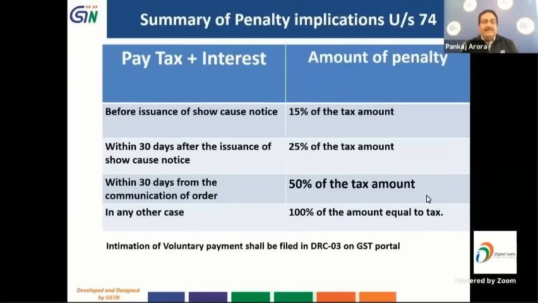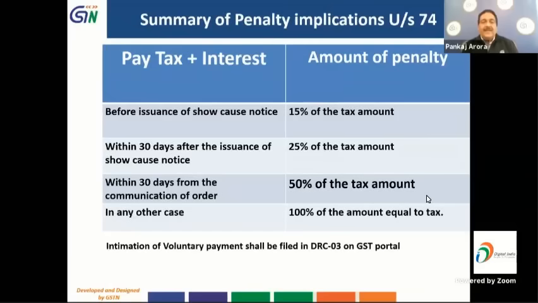And in case the order has been issued confirming the liability on the taxpayer invoking the provisions of section 74, in such case, if such taxpayer pays the tax along with the interest under section 50 and an amount equal to 50% of the tax amount, that is within 30 days from the communication of the order, in such case also he will get the subsequent relief as mentioned in my presentation.